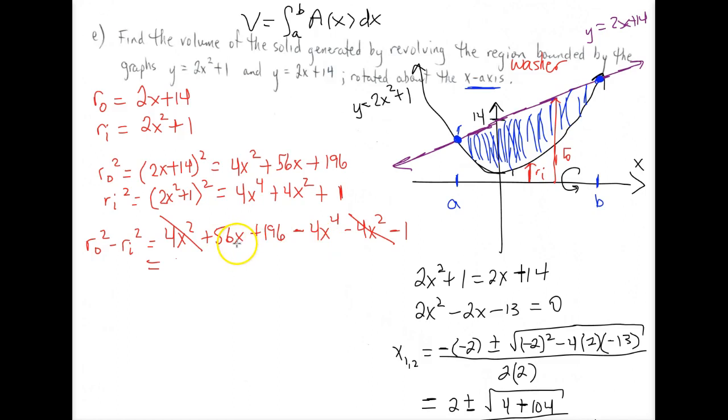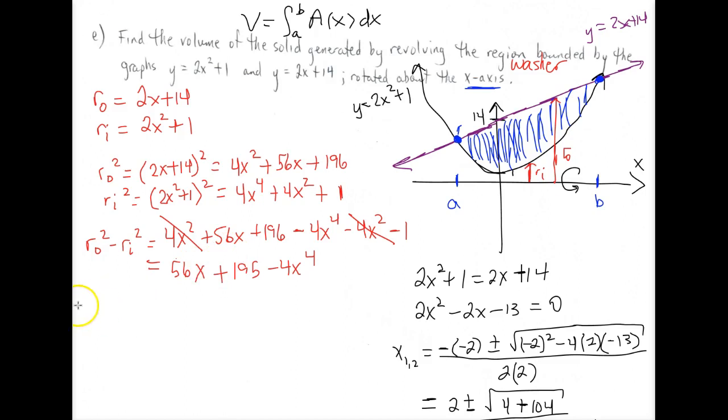And we will have 56x, 196 minus 1 is plus 195, and then we'll have the minus 4x to the 4th remaining. And so that is how we would characterize the difference in between the squares of the inner and outer radius.